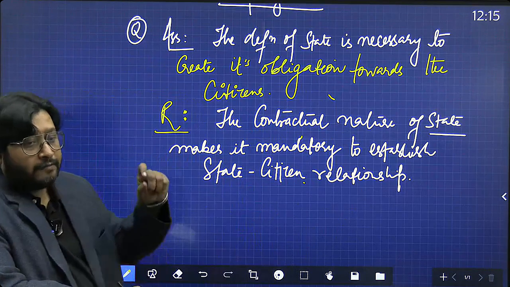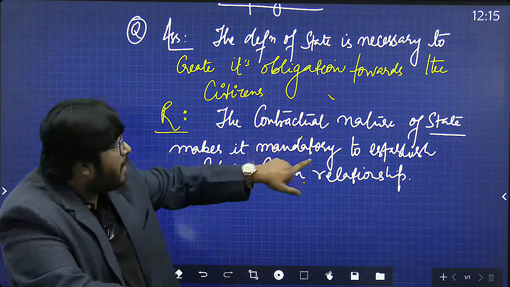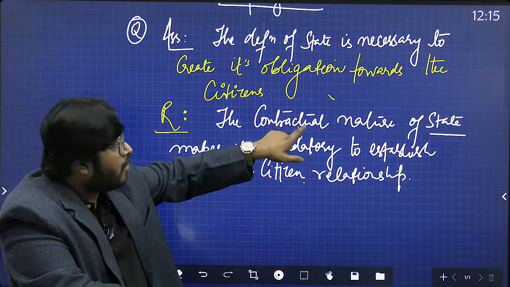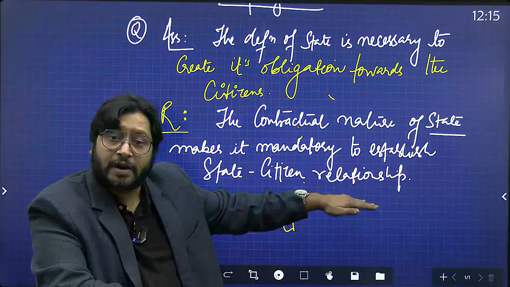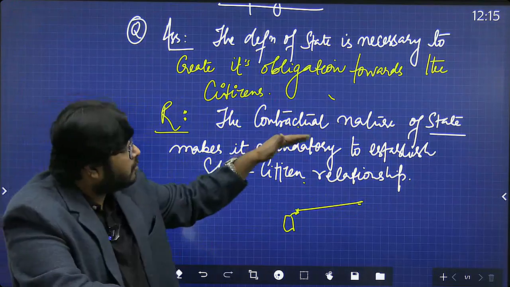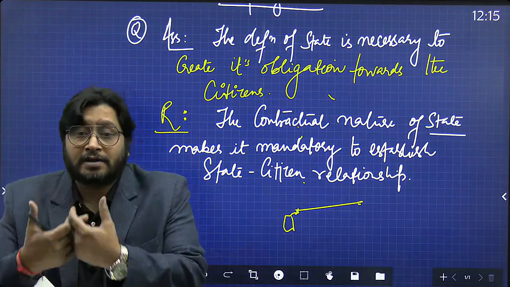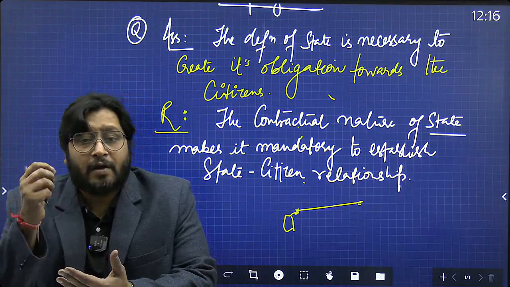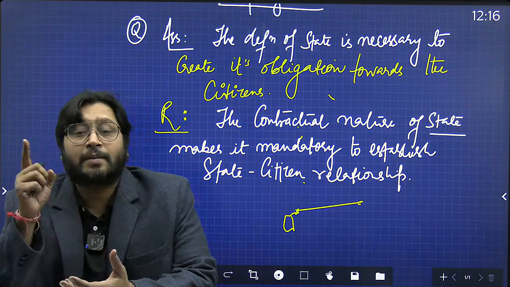ठीक है, लेकिन when you see the final point, you'll understand कि भाई definition of state कहाँ पे आएगा? कॉन्ट्रैक्ट में आएगा. तो कॉन्ट्रैक्ट नेचर ऑफ स्टेट मेक्स इट मैंडेटरी टू एस्टैब्लिश स्टेट सिटीजन रिलेशनशिप. ये स्टेटमेंट असर्शन इंडिपेंडेंटली ठीक है, राइट? डेफिनेशन ऑफ स्टेट इज नेसेसरी टू क्रिएट. सो इस कॉन्ट्रैक्ट में क्या किया जाता है? इंपॉर्टेंट थिंग इज कि डिफाइन द स्टेट. सो रीजन व्हाई वी आर डिफाइनिंग द स्टेट, राइट? और definition of the state is the reason so that we can establish the contract.